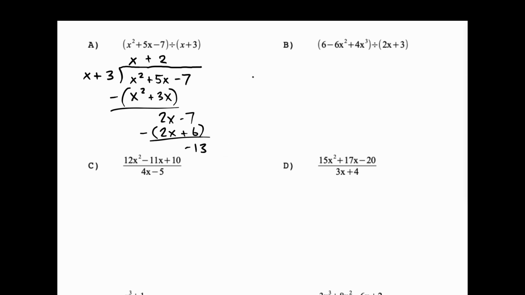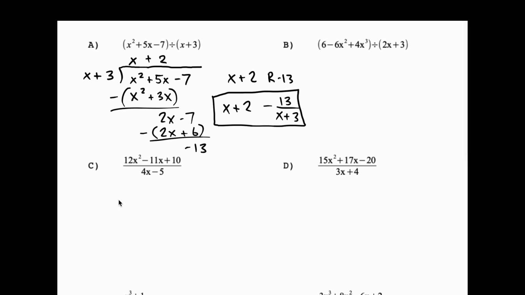So we would stop there and say the answer is x plus 2 with a remainder of negative 13 is one way to do it, but also sometimes we want to go as far as to show that that 13 should be divided by x plus 3, but we can't do it because x won't go into 13. And so this would be a great final answer right here.